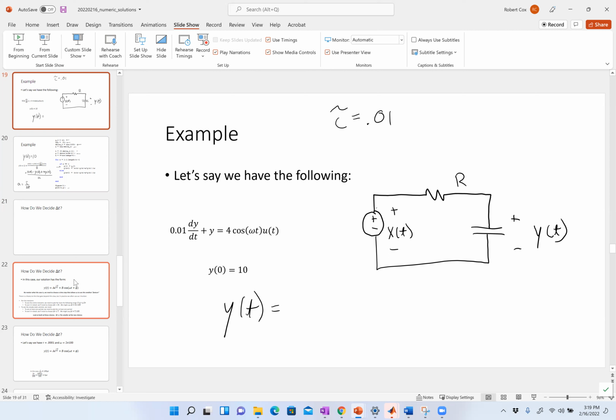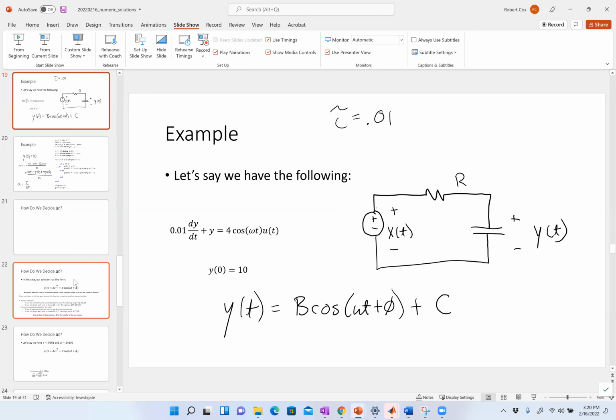What's the steady state solution? If I put in 4 cosine omega t, the steady state solution has to be b cosine omega t plus phi. I put a cosine in, I get a cosine out. That's always going to be the case. What does the transient look like?